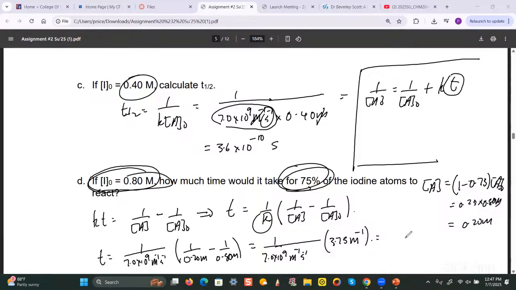And I wrote it out to 2 sig figs, I got 5.4 times 10 to the minus 10 seconds, right? Because again, this will cancel out with that, all right? So that's basically what I got, all right?